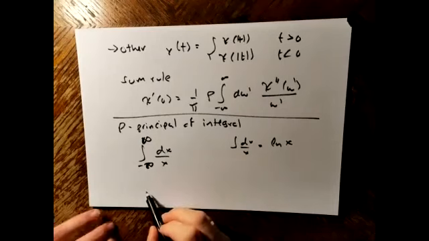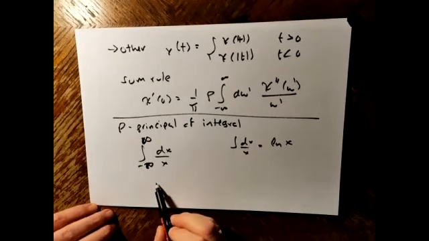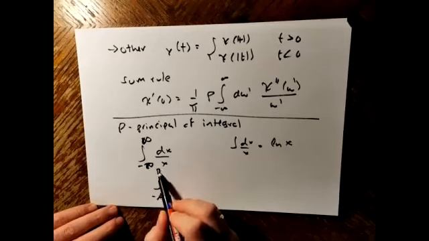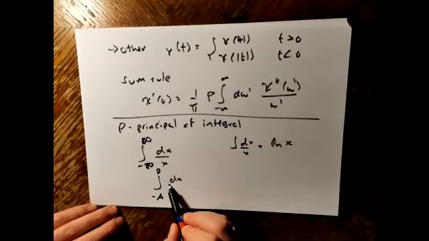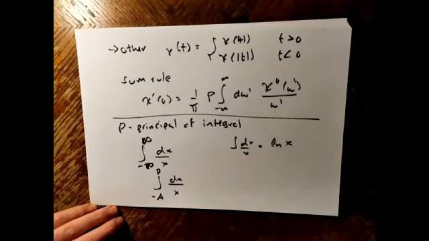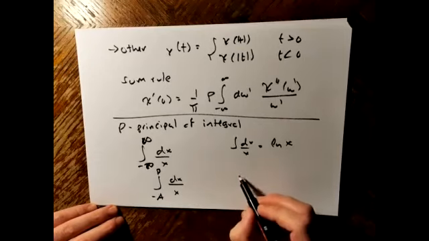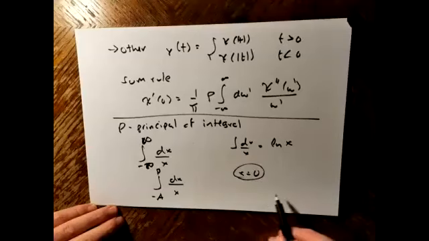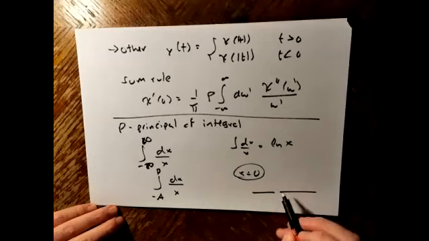Let's do the following. I integrate from minus a to b dx over x. Well, there's a singularity, and that singularity obviously is at x equals 0. When you do a contour integral, for example, what you want is to exclude that singularity. So let's say here's x equals 0.